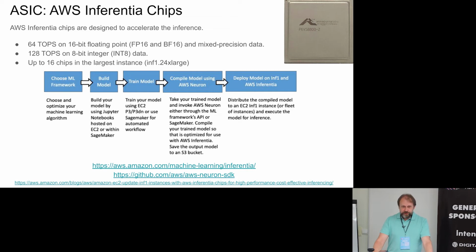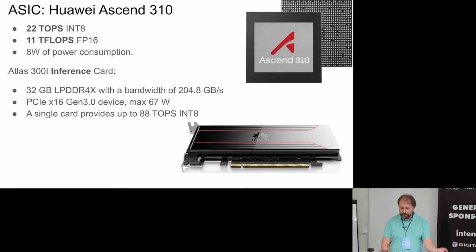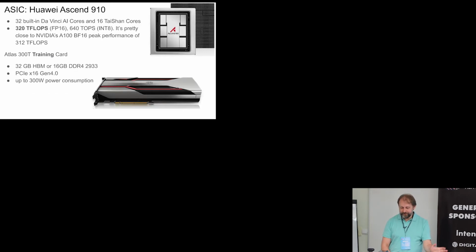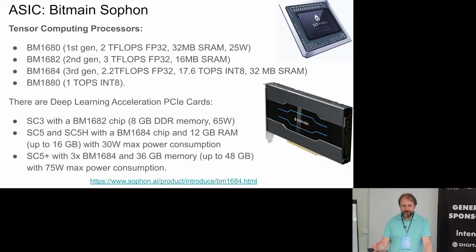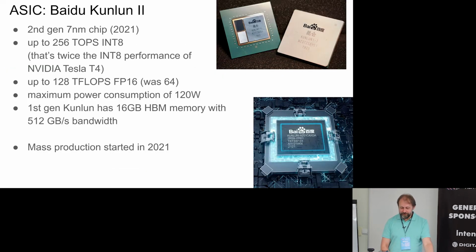Amazon has their own chips, both for inference and training. Huawei has their own chips. Bitmain, interesting, that's the company that started in Bitcoin, switched into deep learning and produced their own chips. Alibaba has their own chips. Baidu.